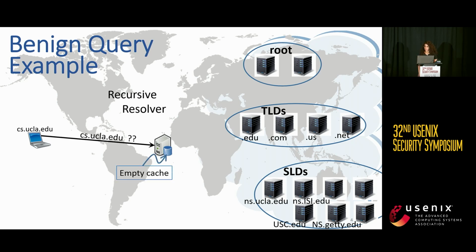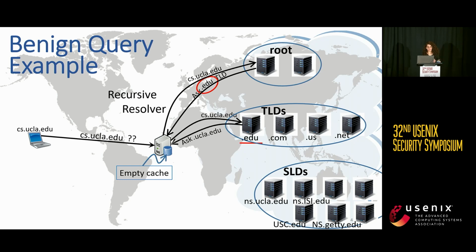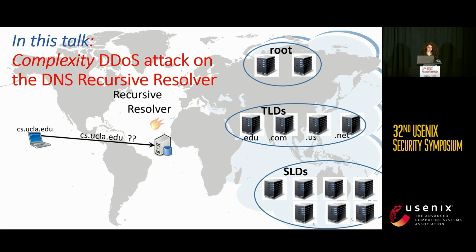Assuming the resolver has an empty cache for this specific query, it will start to query the chain of authoritative servers, starting with the root server, then going to the EDU top-level domain, and then to the UCLA EDU server, finally receiving the IP address and returning it to the client.